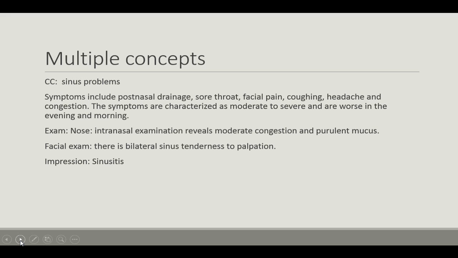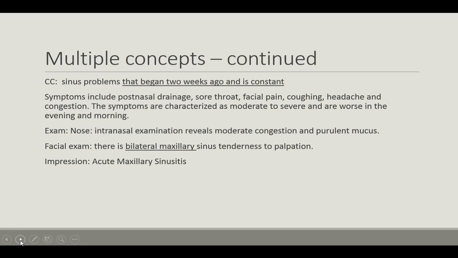The impression is sinusitis. From this note, the coder would assign J32.9, chronic sinusitis, unspecified. By noting the complaint that the problem began 2 weeks ago and is constant, and the facial exam identifies bilateral maxillary sinus tenderness, the coder would be able to go to acute maxillary sinusitis, unspecified as recurrent.